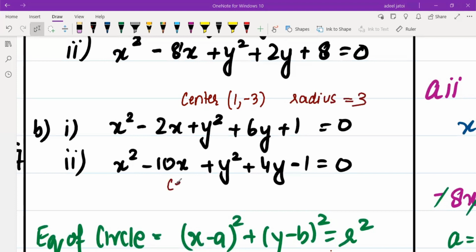Whereas B part 2, the center is 5 comma minus 2 and the radius is under root 30. So B part 1, x square minus 2x plus y square plus 6y plus 1: the answer is 1 comma minus 3 and the radius is 3. X square minus 10x plus y square plus 4y minus 1 is equal to 0: the center is 5 comma minus 2 and the radius is under root 30. So try solving this and get your answer.